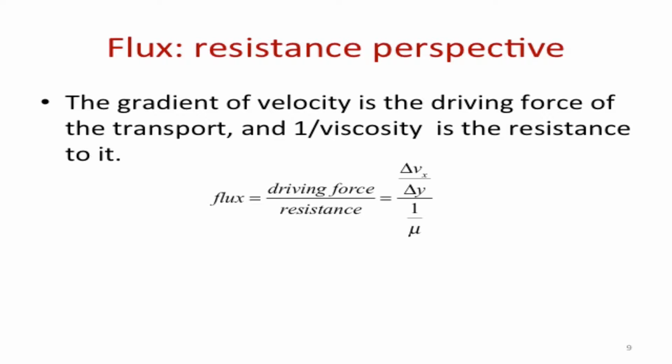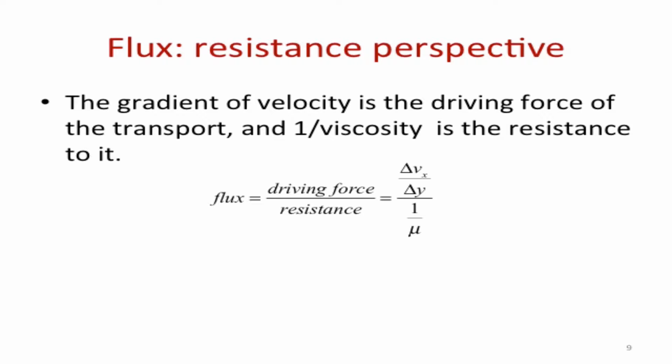So the gradient of velocity is typically, in that view, the flux of anything is driving force divided by resistance to it. Now resistance in this case I would just define as 1 over viscosity. So this would be molding what I told you into this resistance perspective.